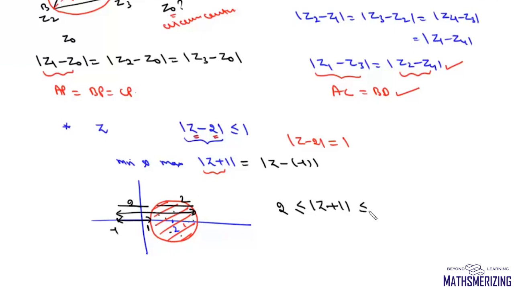So it is always less than or equal to 4. So the minimum value of mod Z plus 1 is 2, and the maximum value is simply 4. So any and every distance in complex numbers will be given by this modulus Z2 minus Z1.